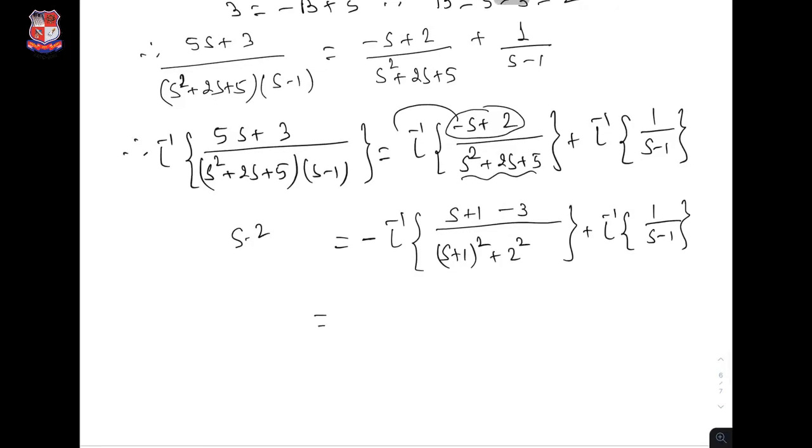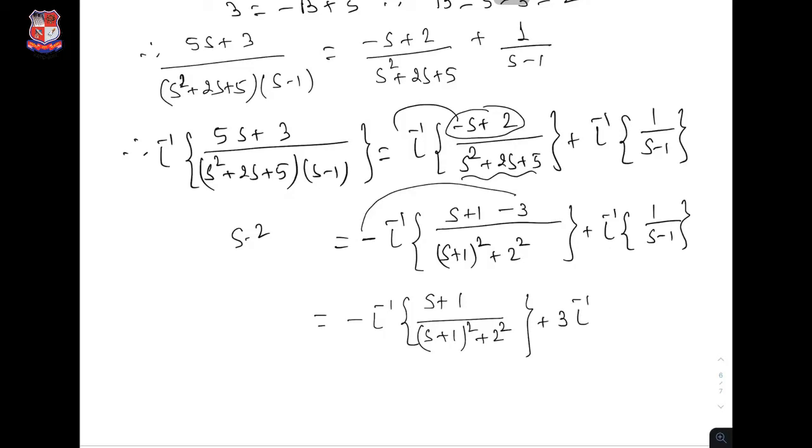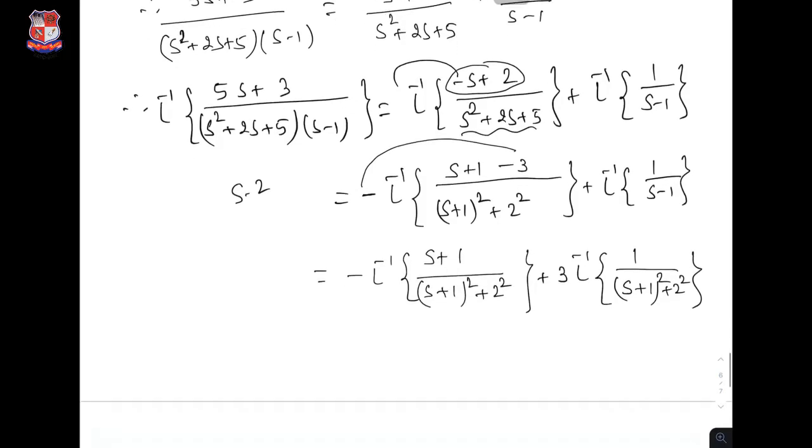Now this is minus the inverse Laplace transform of, separating it out, (s plus 1) upon (s plus 1) squared plus 2 squared, then minus and minus gives plus 3 times the inverse Laplace transform of 1 upon (s plus 1) squared plus 2 squared, plus the inverse Laplace transform of 1 over s minus 1.